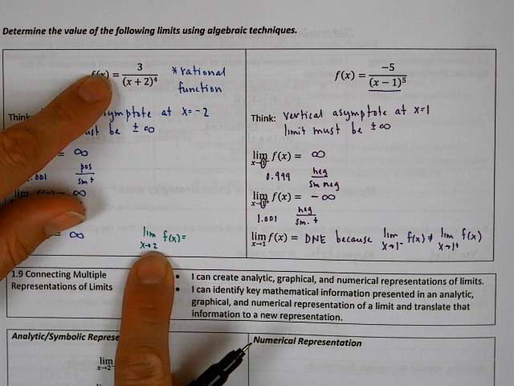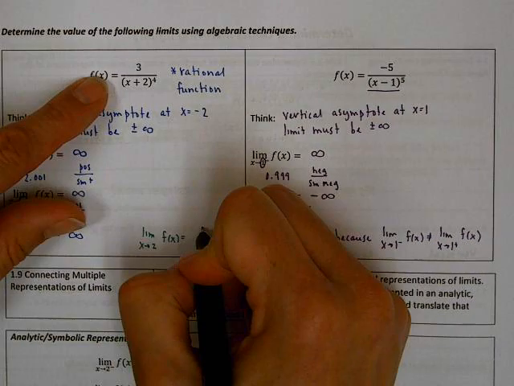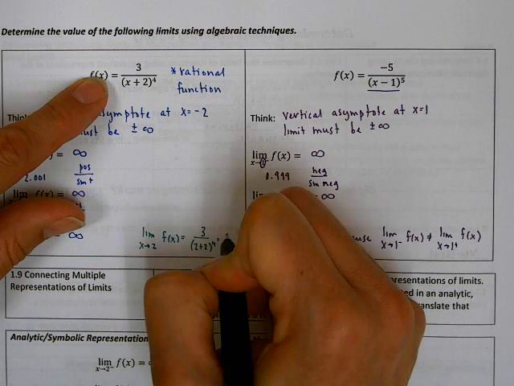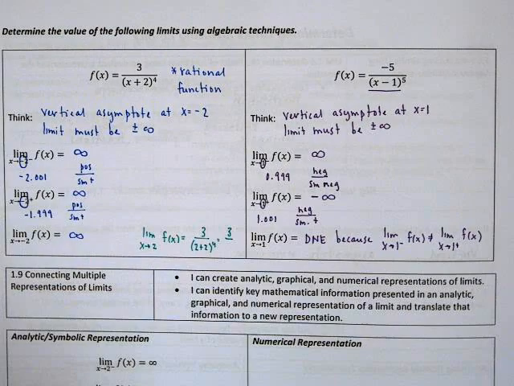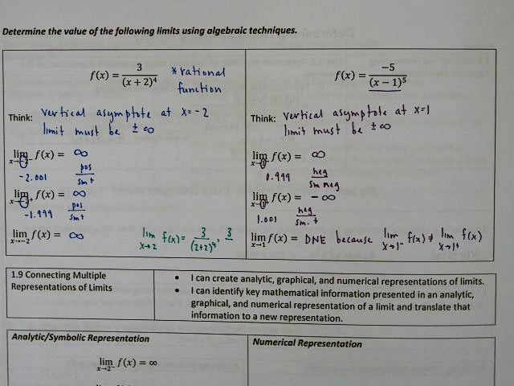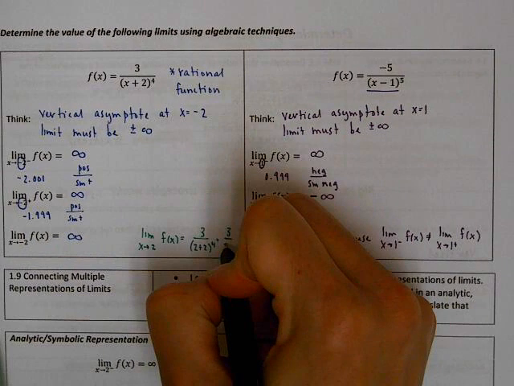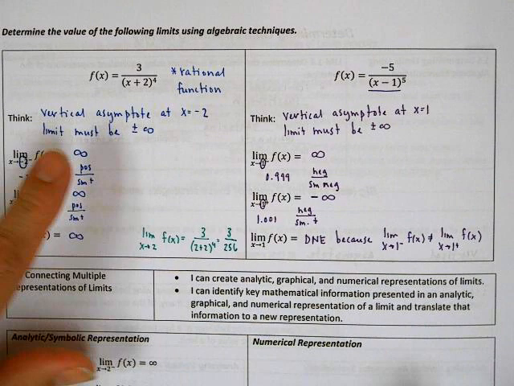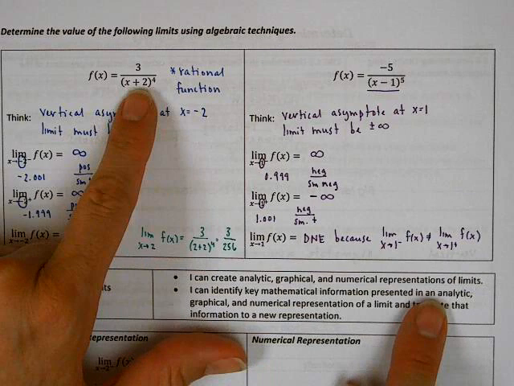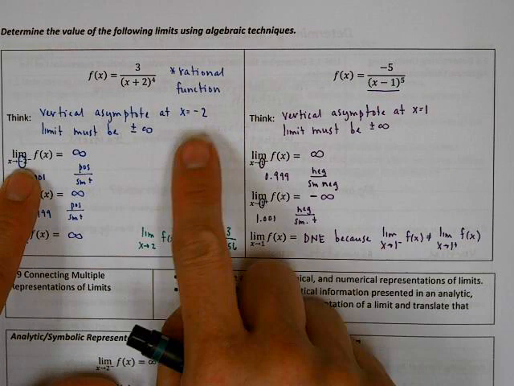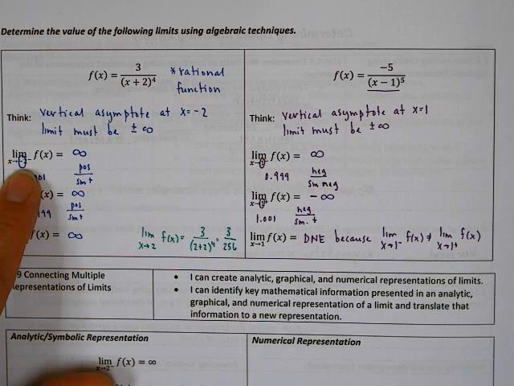So now we would just plug it in. We would do 3 over 2 plus 2 to the 4th power, which would give us, let's see, 4 to the 4th would give us 256. So make sure this idea of positive, negative infinity is only when the value where we're evaluating the limit is the same value where that vertical asymptote occurs.